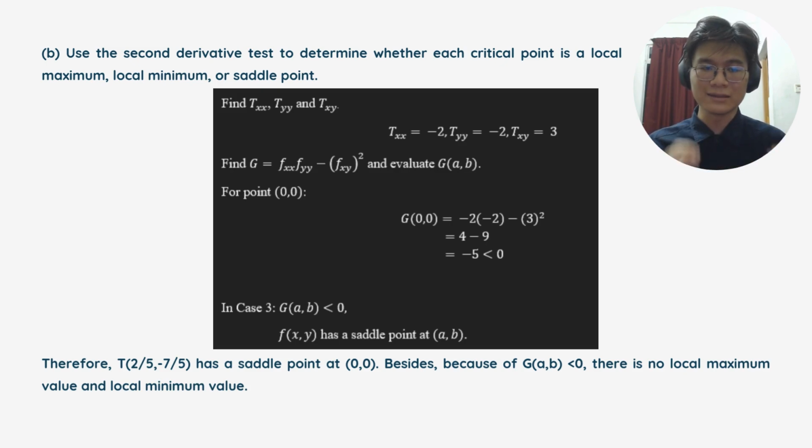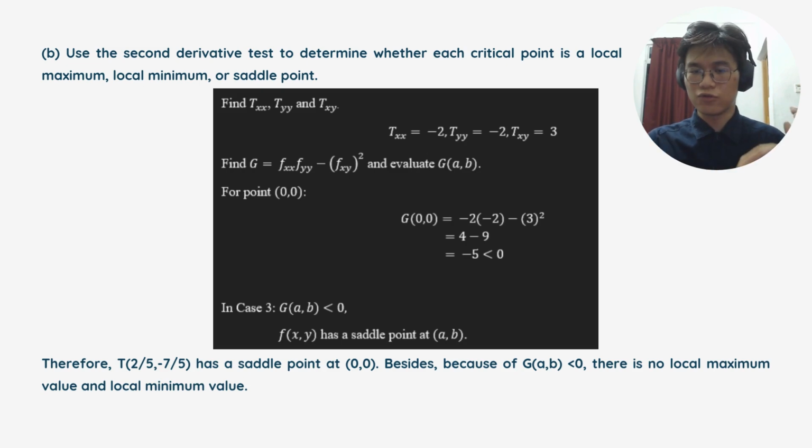We know that fxx equals negative 2, fyy equals negative 2, and fxy equals 3. So we use the formula G equals fxx times fyy minus fxy squared to evaluate the discriminant.